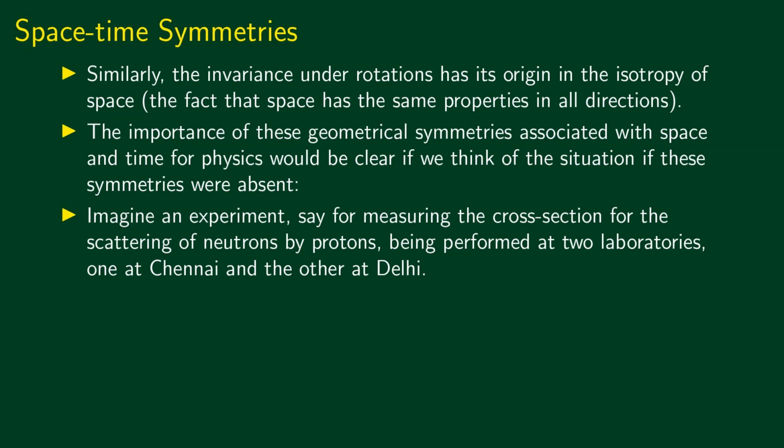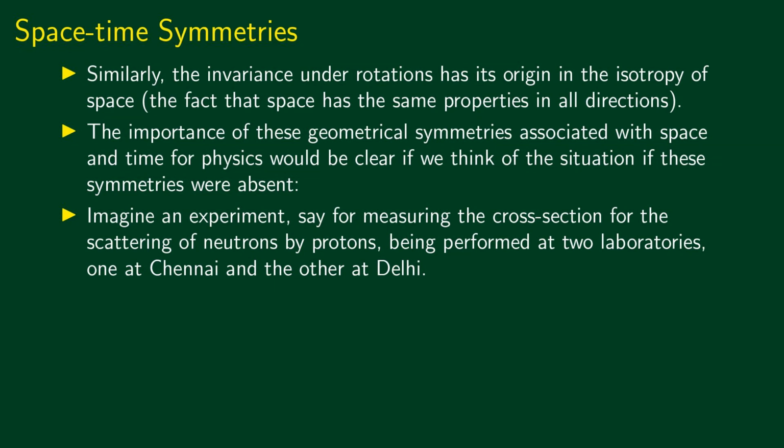It may oscillate in the east-west direction or in the north-south direction. If everything else remains the same, changing the orientation of the simple pendulum alone is not going to change its period of oscillation. This is possible because space is isotropic. So invariance under rotations has its origin in the isotropy of space.